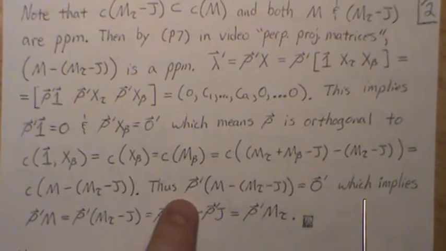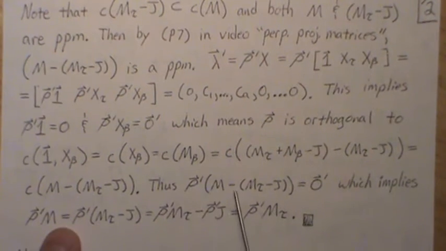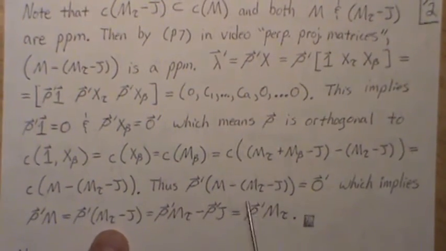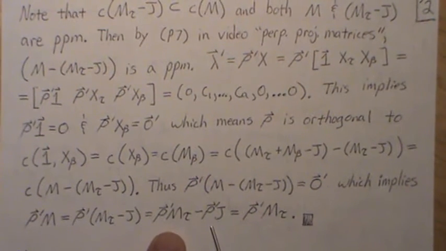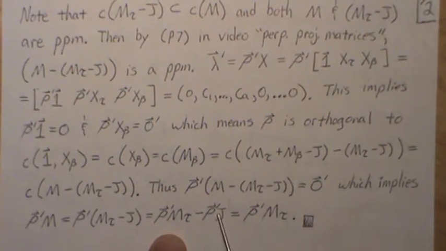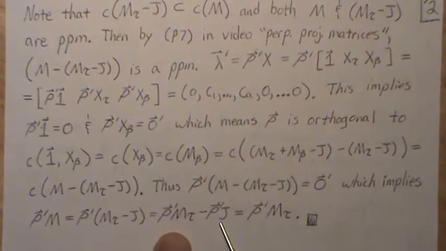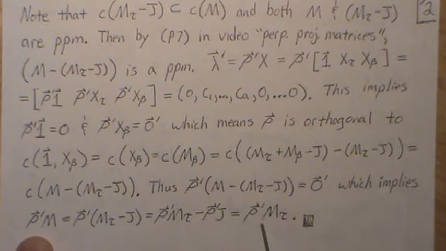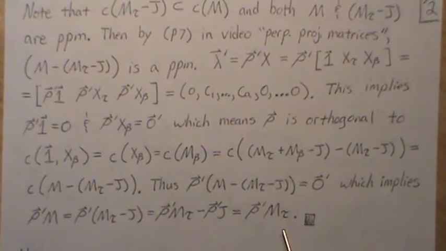But when we multiply this in, which implies we get M rho, and then multiply that in and take it over, is equal to rho M_τ minus J. But then we can take this into both of those, and we said this was 0, right? J is a perpendicular projection matrix on the column space of 1, but we said rho 1 was 0. So this drops out, and we're only left with rho M_τ. But that's what we wanted to show, that rho M is equal to rho prime M_τ.